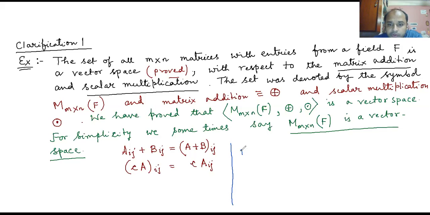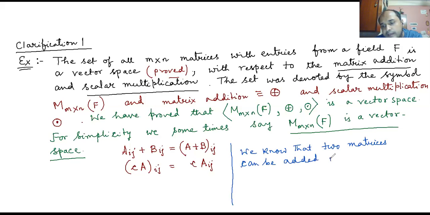We know that two matrices can be added when their orders are the same.